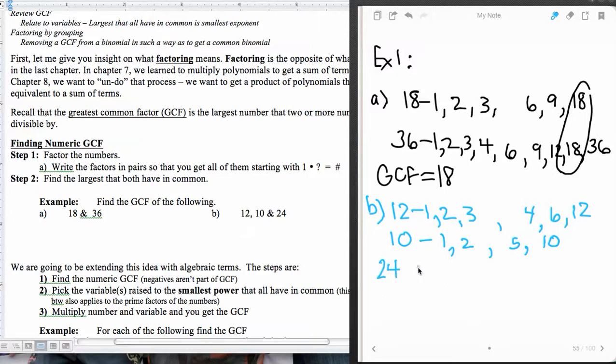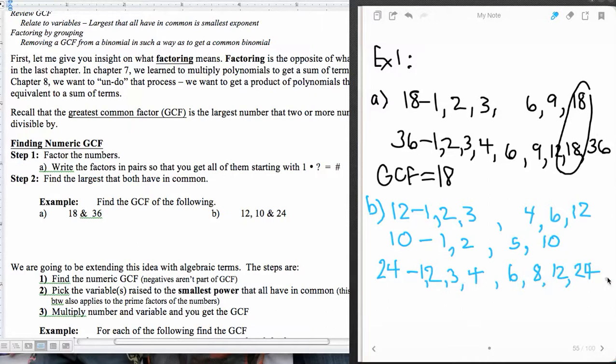Finally, I have 24, so I say 1 and 24, and then 2 and 12, and then 3 and 8, and then 4 and 6, and 5 doesn't go into it, so I've met myself in the middle and I know I'm finished.